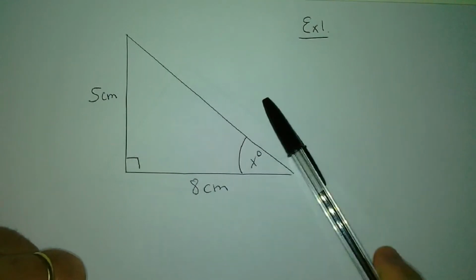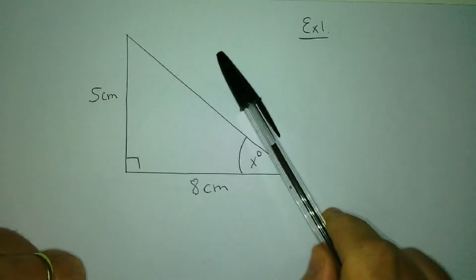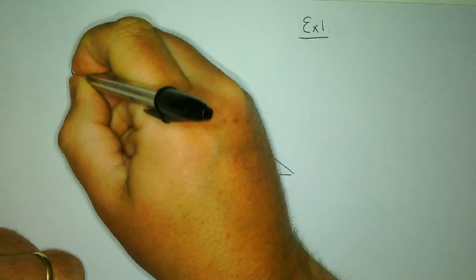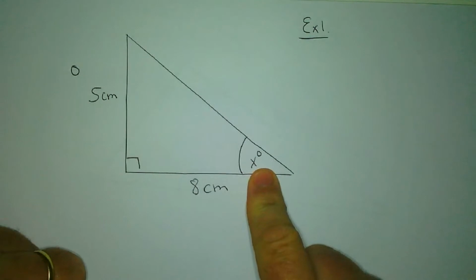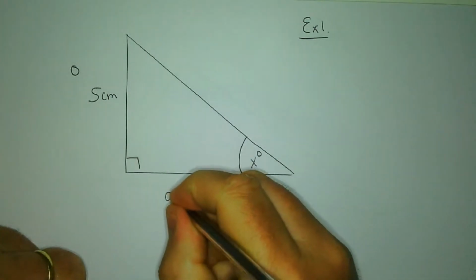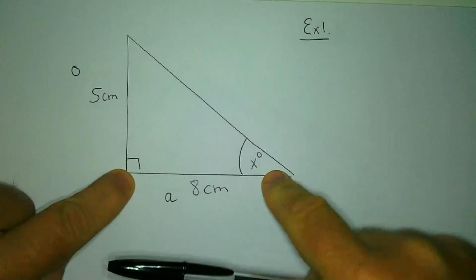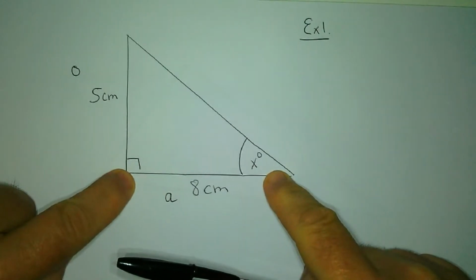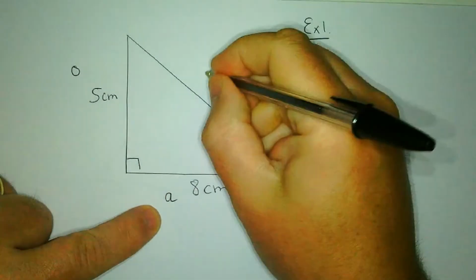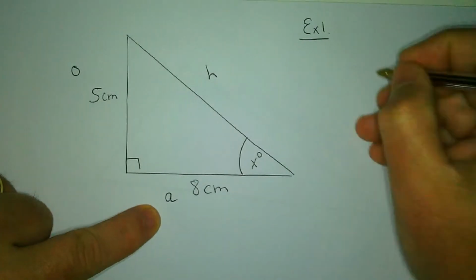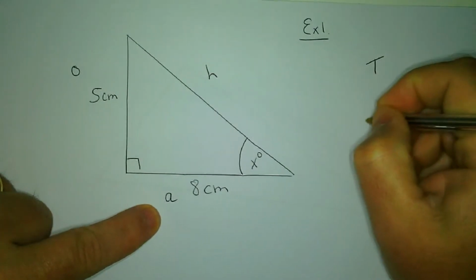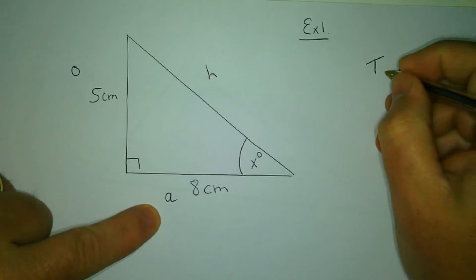So I'm going to label my triangle. There's my opposite the angle. There's my adjacent. My adjacent is always between the right angle and the corresponding angle you're trying to find. And there's my hypotenuse. So we are going to use tan.